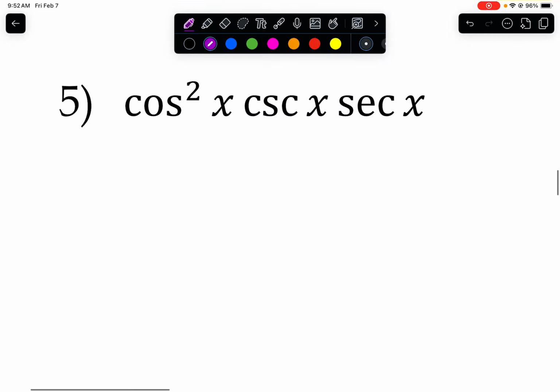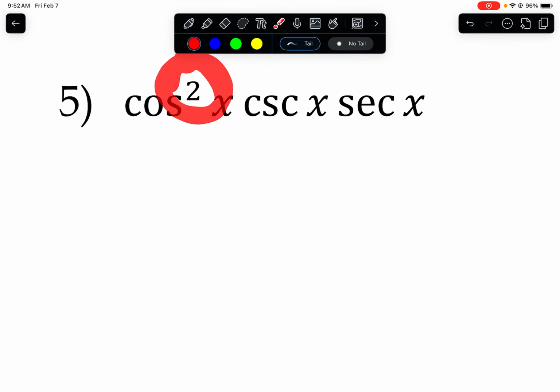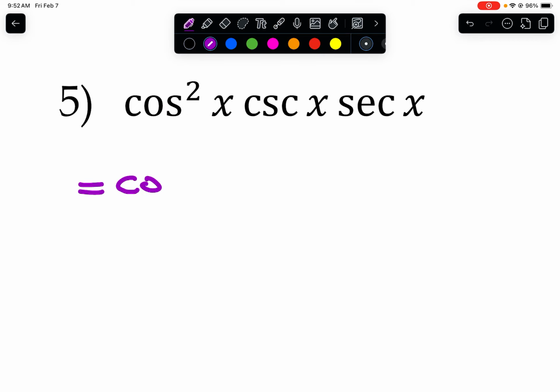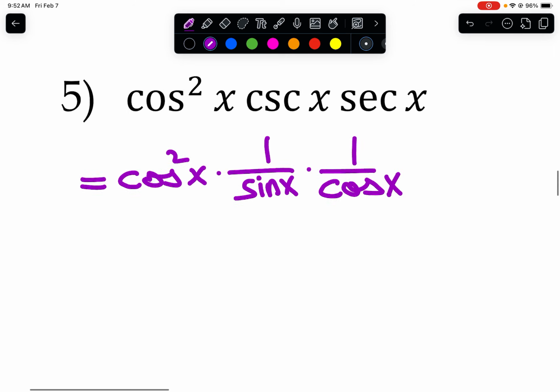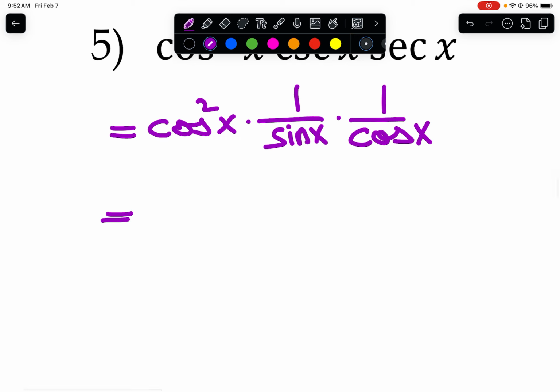Looking at this next one, now we're going to throw in some exponents at you. What this means is that we're going to have 2 of those cosine values. So I'm going to rewrite it as cosine squared x. And then cosecant is going to be 1 over sine x. And then secant x is going to be 1 over cosine x. What's going to happen here is, remember, this cosine squared x means that there are 2 in the top, but I have 1 over here in the bottom.